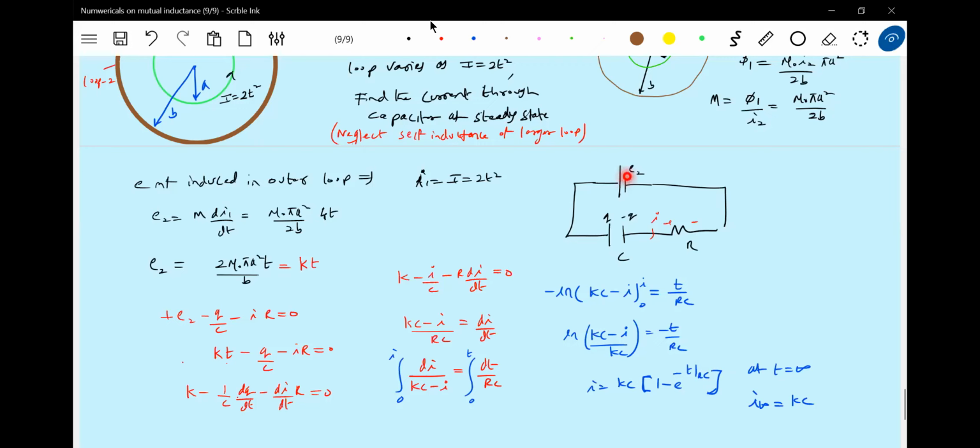If the EMF of the cell varies with time, then the steady state current will not be 0. There will be continuous flow of current. It is just to make students go wrong, because we did so many problems where at steady state the current through the capacitor will be 0. So most students, seeing the options, will pick up 0. They don't think anything.